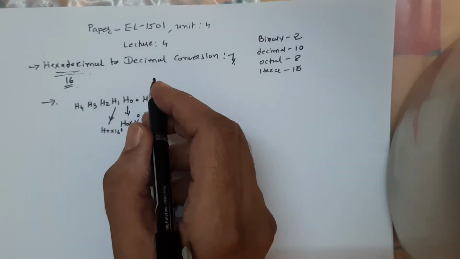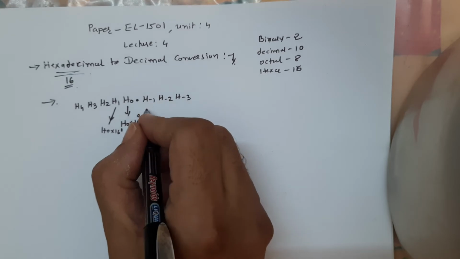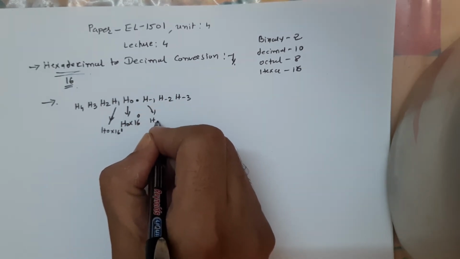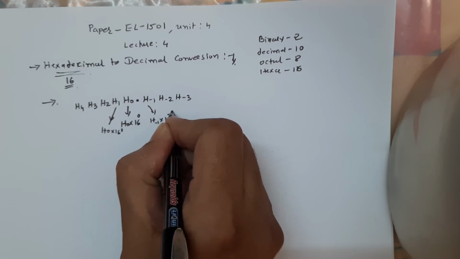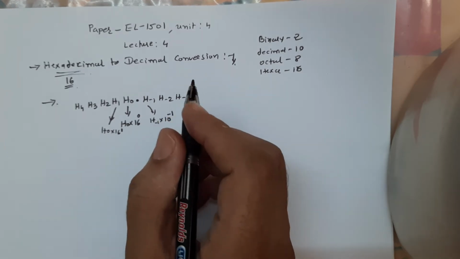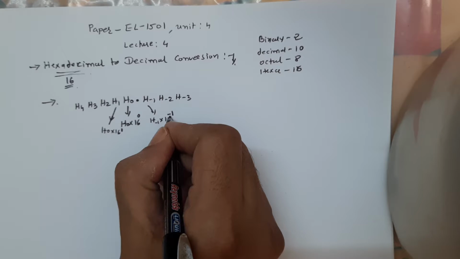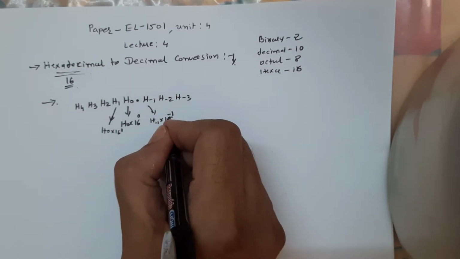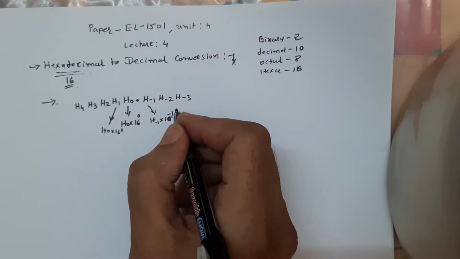And right hand side we can say H minus 1, that means H minus 1 into 16 raised to minus 1. It is like this, 16 minus 1, right?